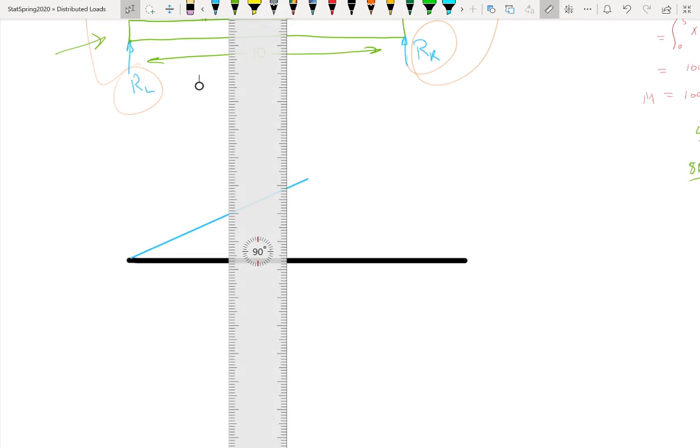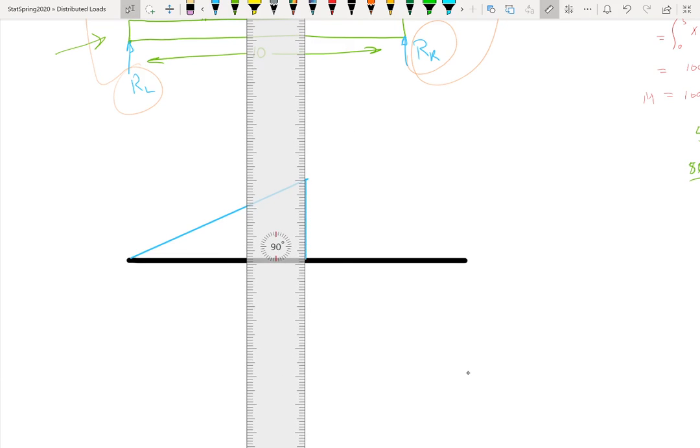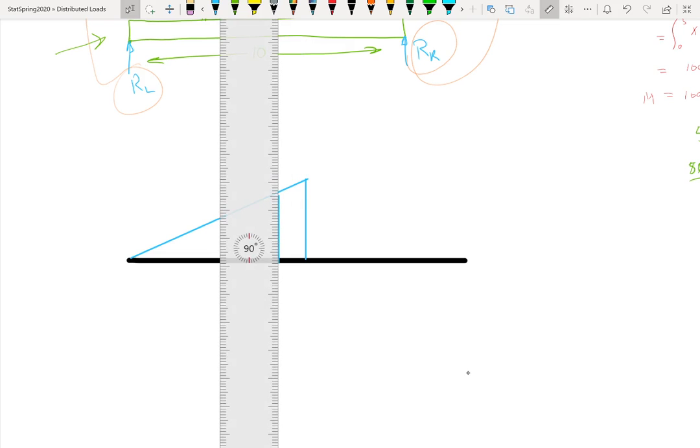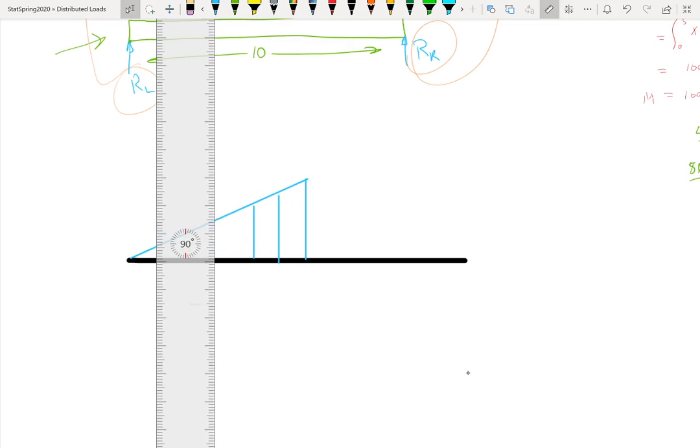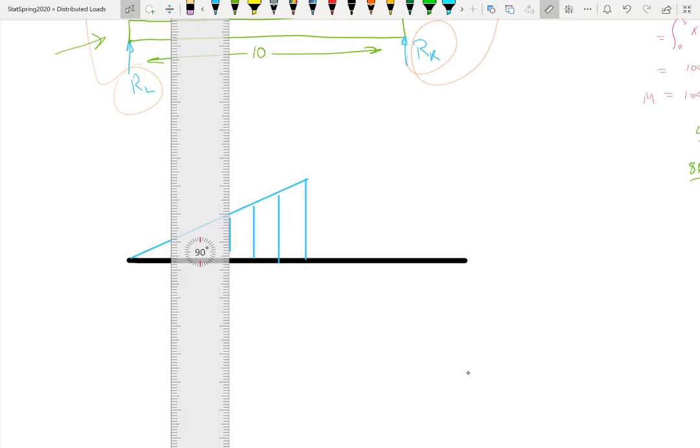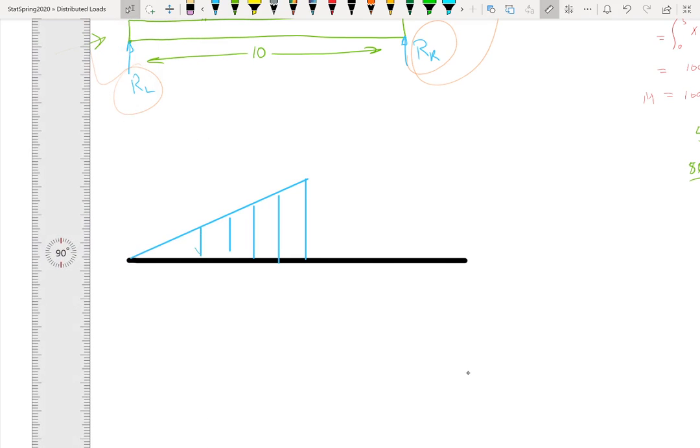Very annoying. There we go. So you've got a triangular load this time. The key is how far did it go? Well, this went out here to say 200 pounds per running foot.